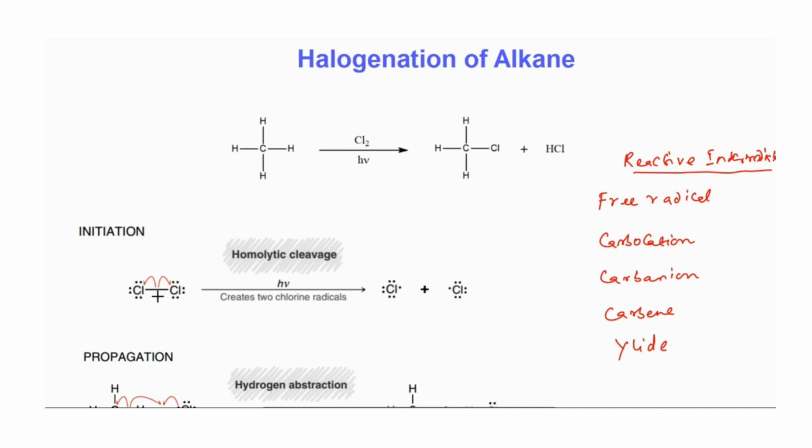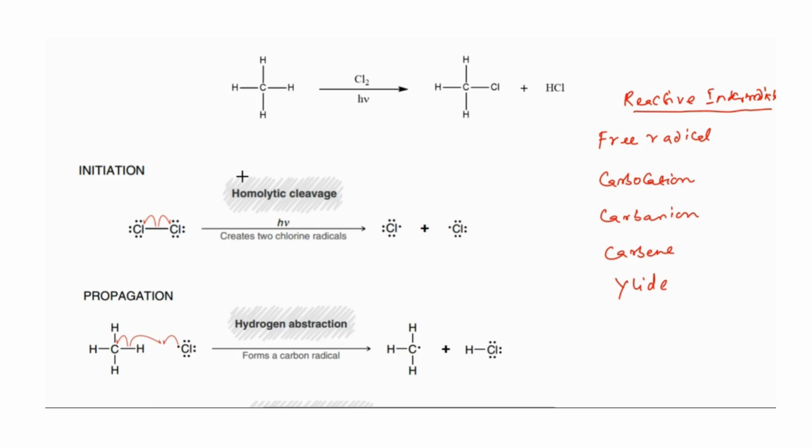So the chlorine molecule undergoes the homolytic cleavage where it forms a free radical. Now this chlorine radical is more reactive, so it will not be idle, it will trigger the reaction with the alkane. Okay, as soon as this chlorine radical has been formed, it undergoes the propagation step.